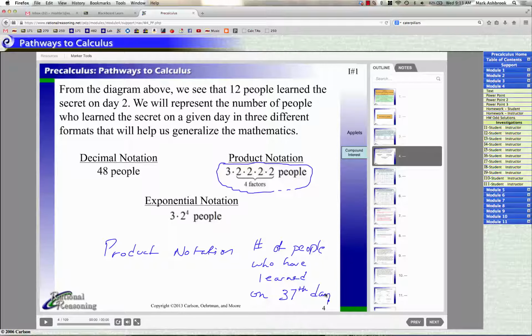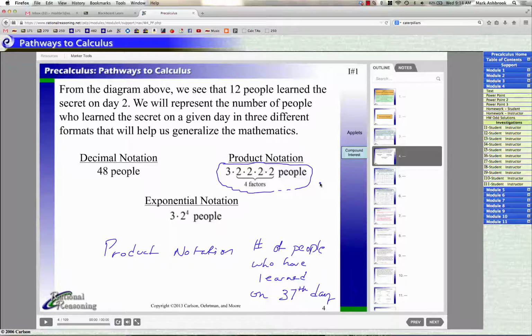But you still want to have the spirit of product notation. So give me the spirit of it. What would product notation be like to show or represent the number of people who have learned the secret on the 37th day? What would that be like?